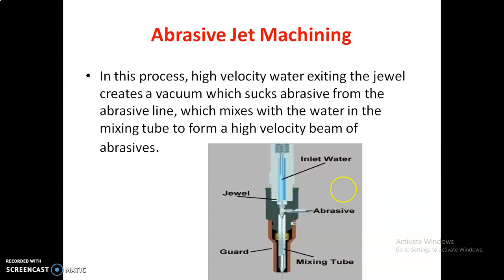This is the abrasive line, and when the water escapes from this area, it sucks the abrasives from the abrasive line, which mix with the water in the mixing tube to form a high velocity beam of abrasive. Here only you can have water, but when it passes through this abrasive jet line, it sucks the abrasive particles, and after that the water, which is now in the form of abrasive, flows through this tube.